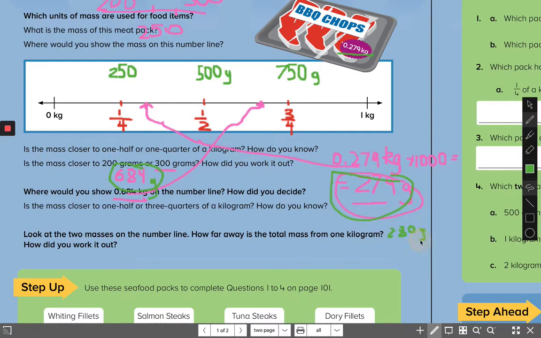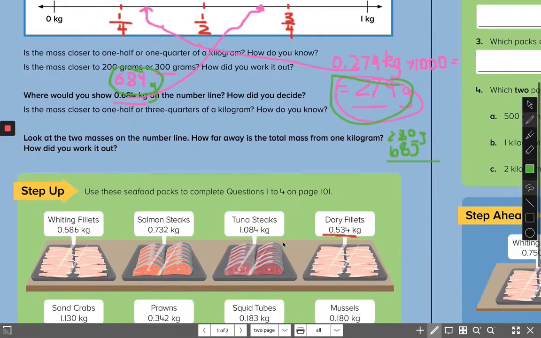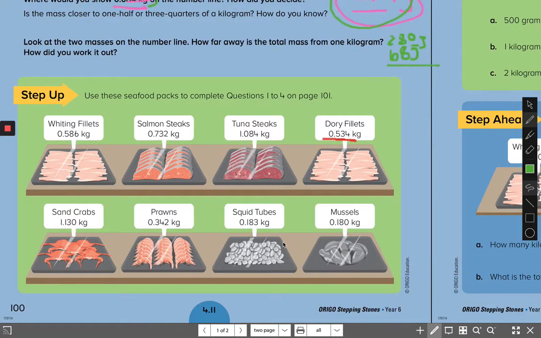And then we are going to say that 684 is going to be, say, 685, and the total, just looking at it, I'm not going to calculate it exactly, is going to be about, looks like 960 something. So I would say it's about 40 grams away from 1 kilogram. That's my estimation skills.